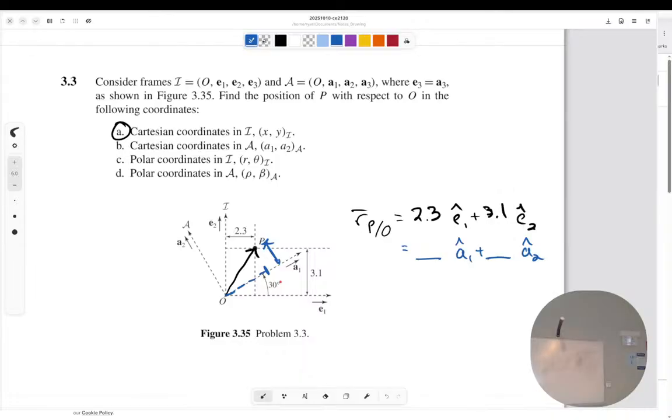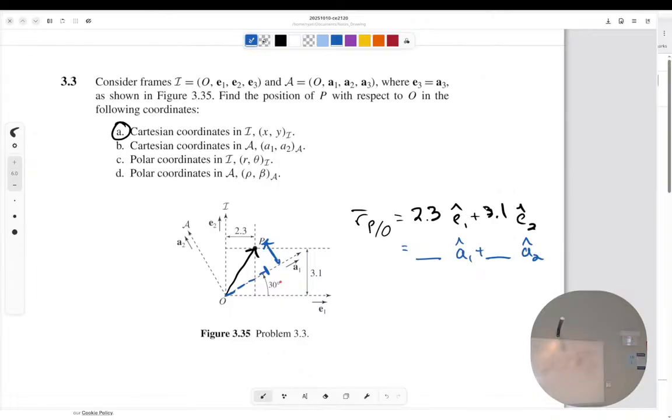This doesn't really look like what it feels like, because A1 is, right?